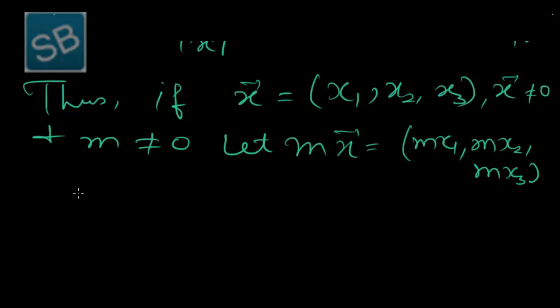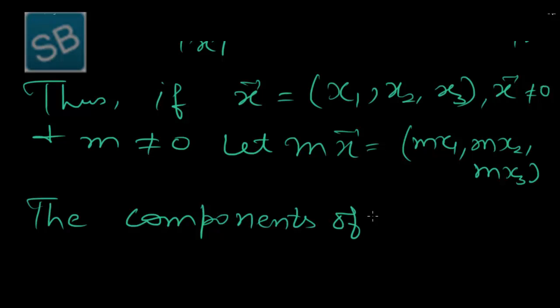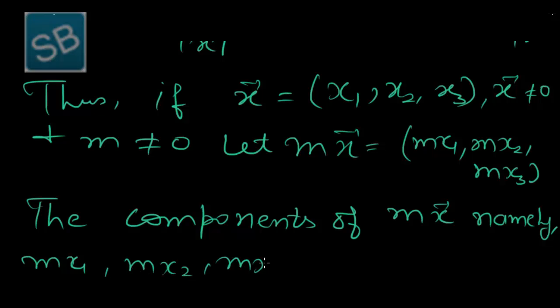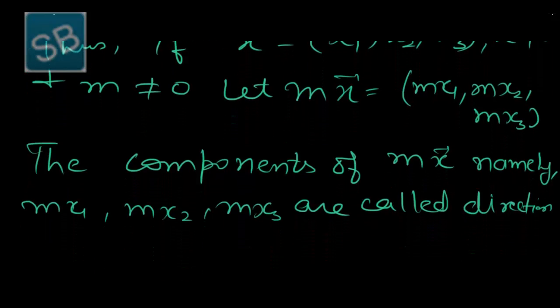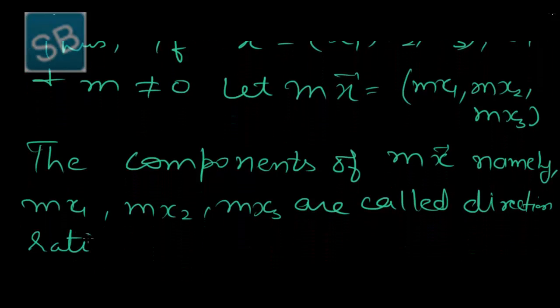Then the components of m times vector x, namely mx1, mx2, mx3, are called direction ratios or direction numbers of vector x.